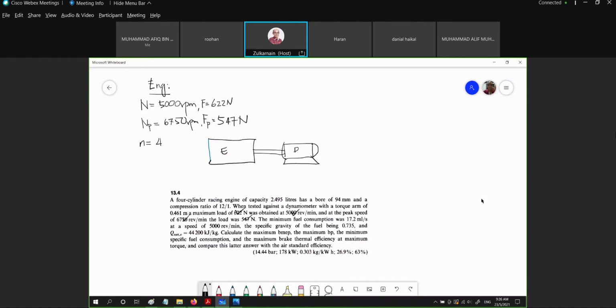But the compression ratio is usually a normal or typical compression ratio for a petrol engine. And normally a petrol engine runs on 4-stroke. So I assume that this is a 4-stroke engine.